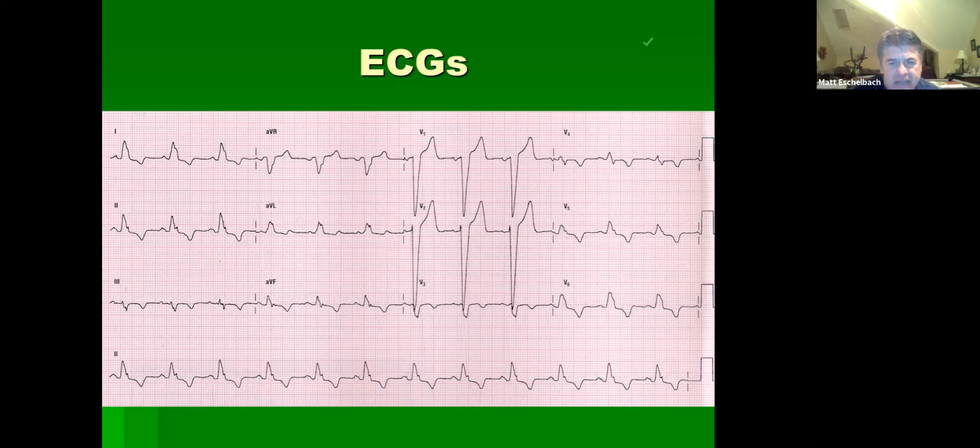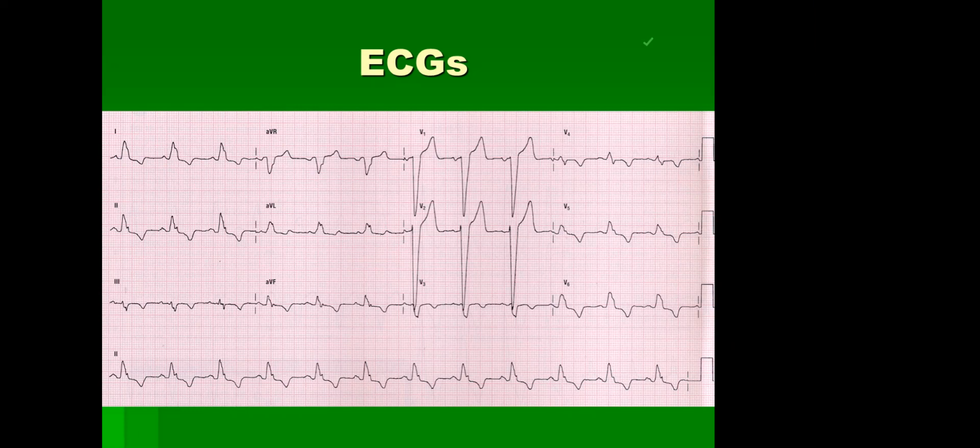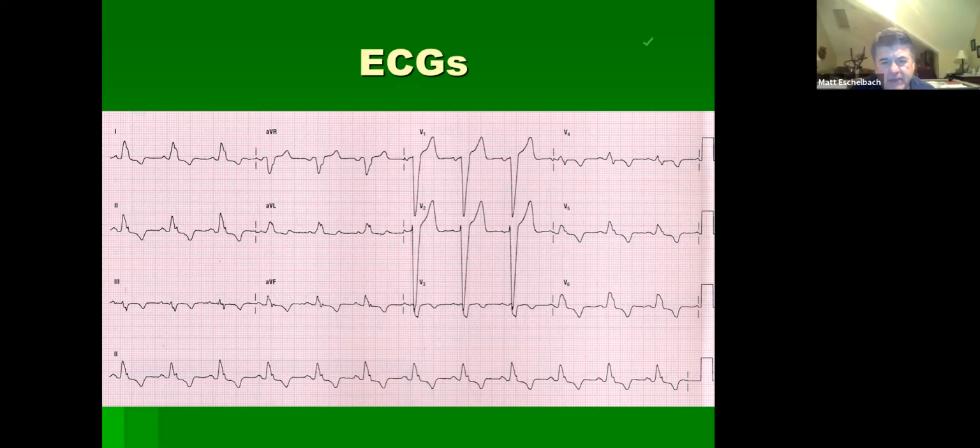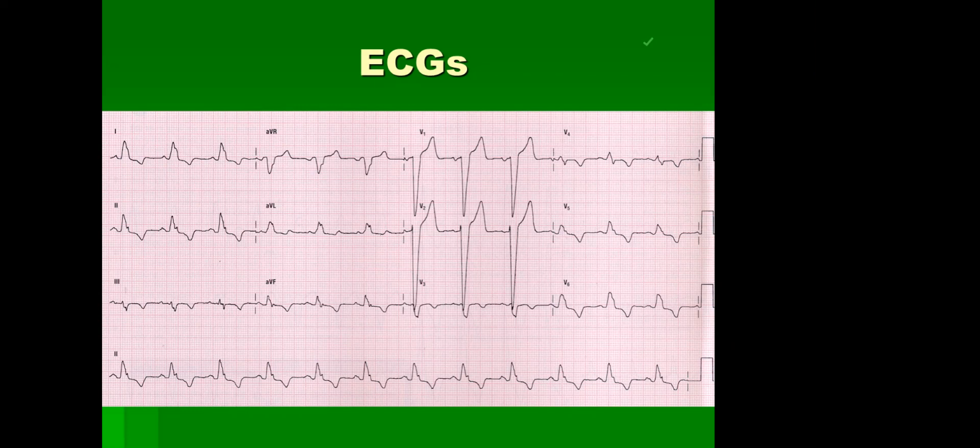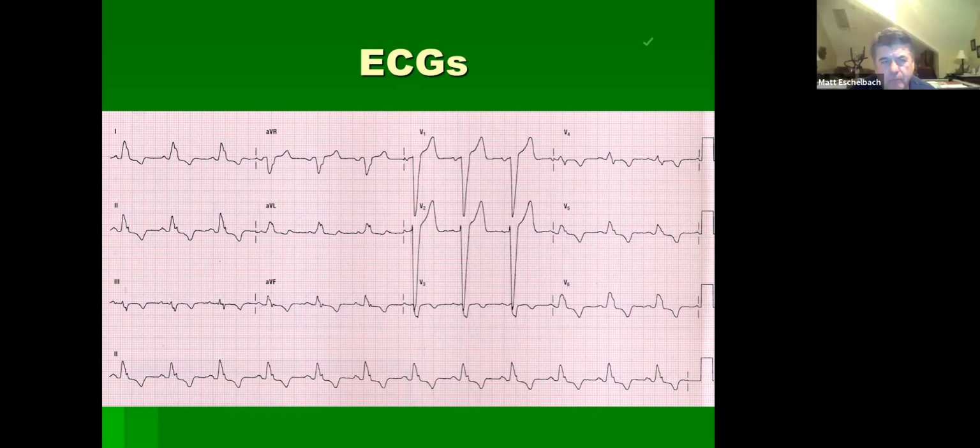First off, is it narrow or wide? Wide. Okay. Is it wide in one place or in multiple places? Multiple. Okay. So what happens when a QRS widens? Electrolyte problems, electricity problems, flow problems.